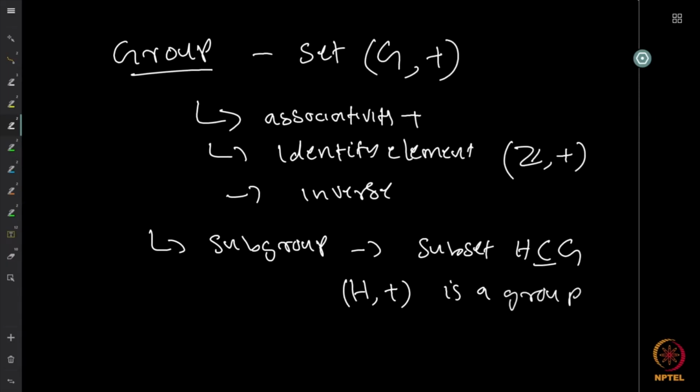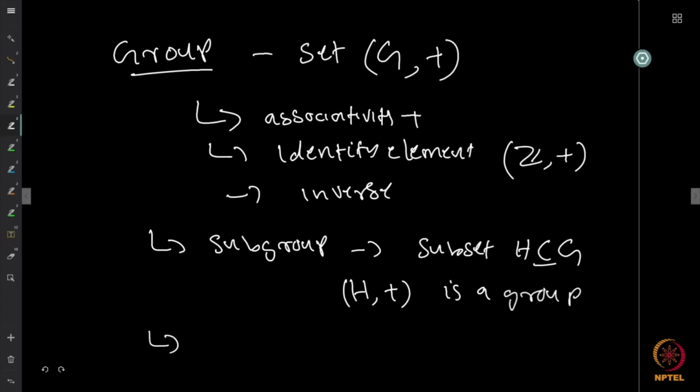So if this is true for some subset, then it's called a subgroup. Okay, so we follow the same binary operation, the same rules, and this subset together with the binary operation is a group by itself. Then it's a subgroup of the group.